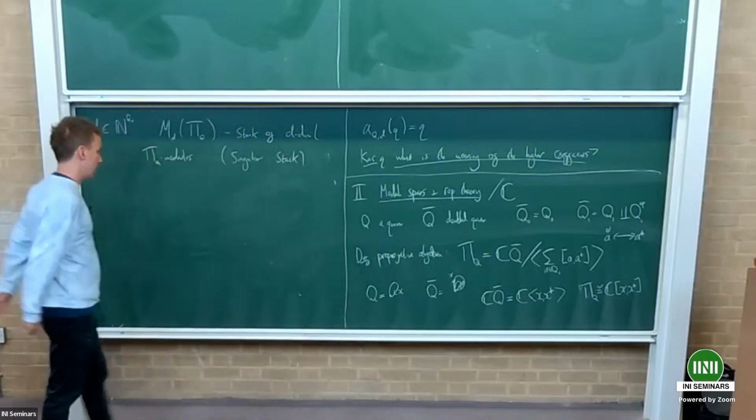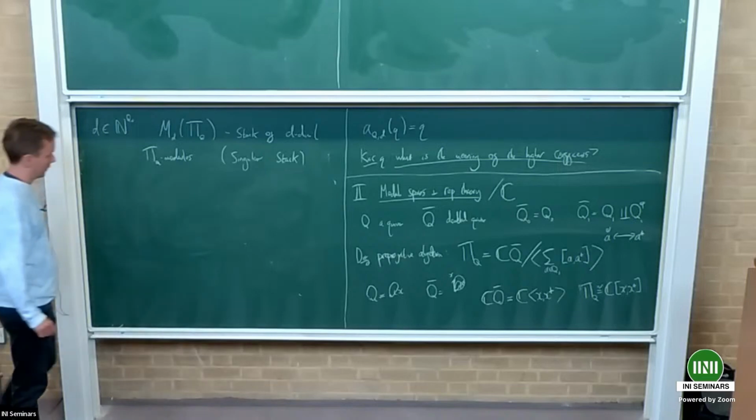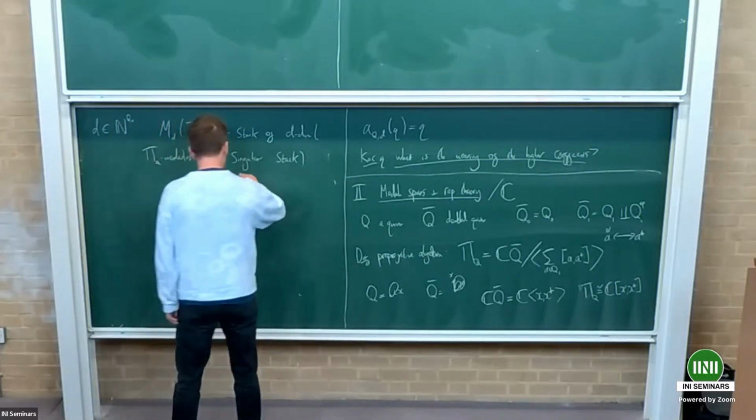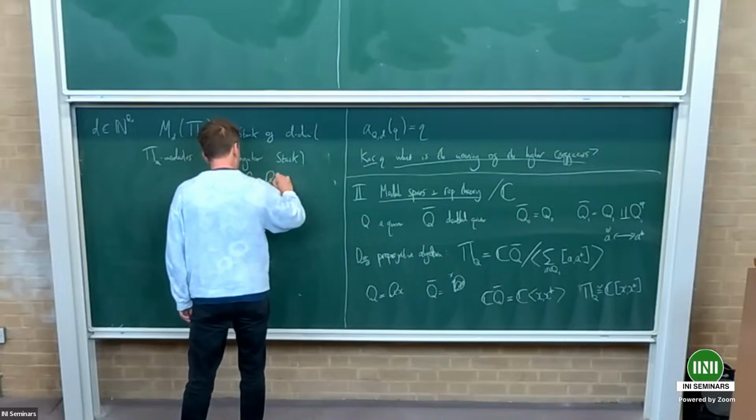And, depending on taste, both of those things might be off-putting. So in the running example, Q is the Jordan quiver.